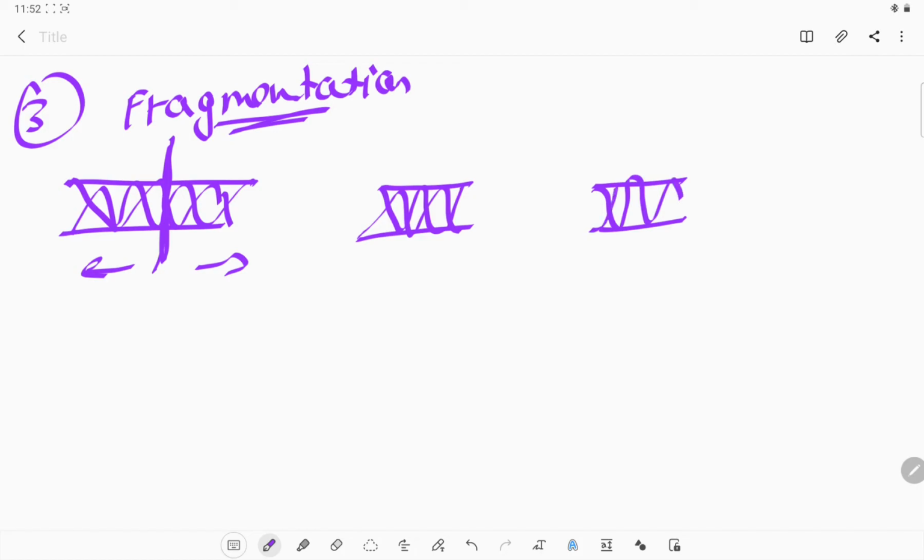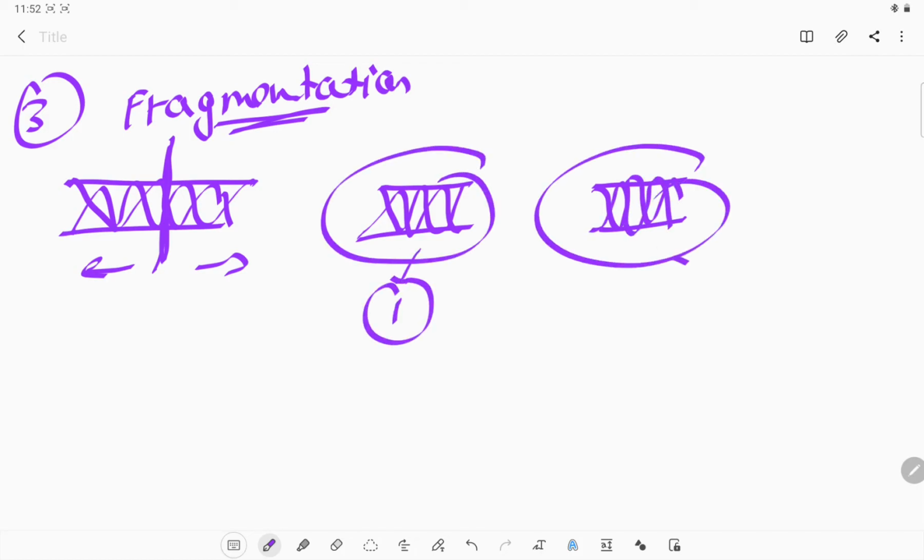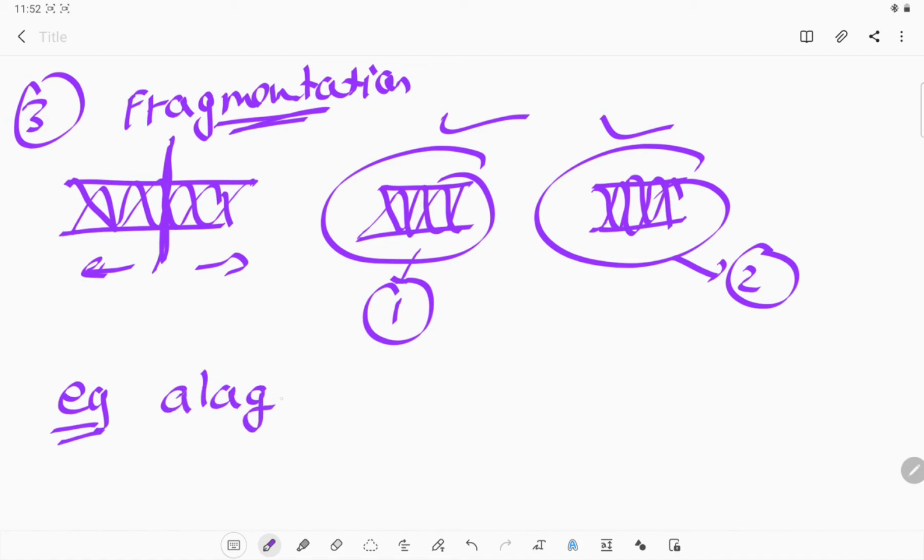This is how they fragment, and one portion grows into one individual and the other grows into another individual. So they do not die, and because of fragmentation they grow into two new individuals. An example of fragmentation is algae. Algae are a very good example.